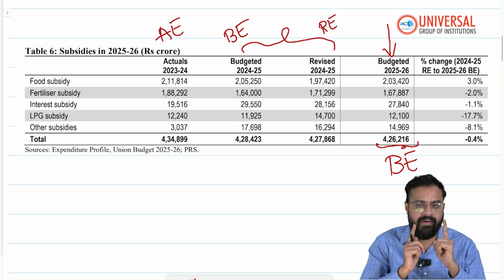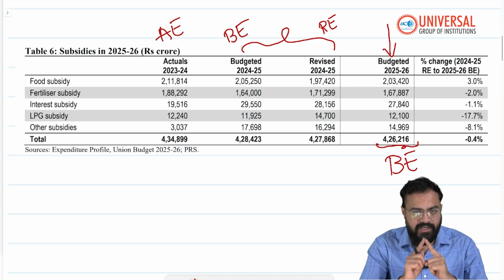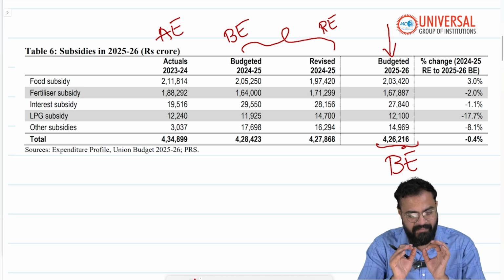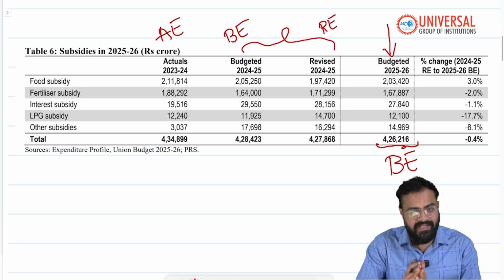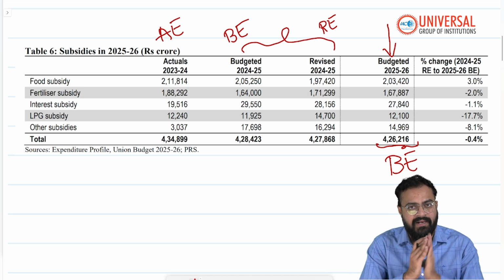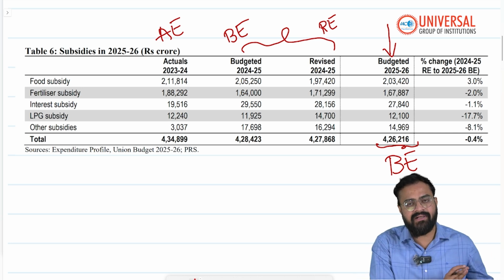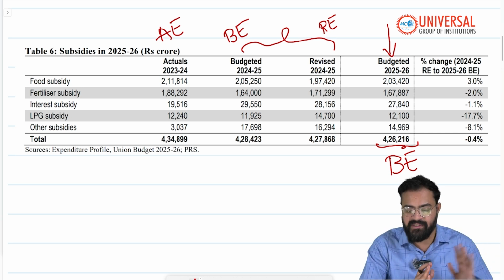This you must remember very clearly. Even if there is no need to remember the exact data, just remember that the subsidy bill has declined in comparison with these past 3 data.